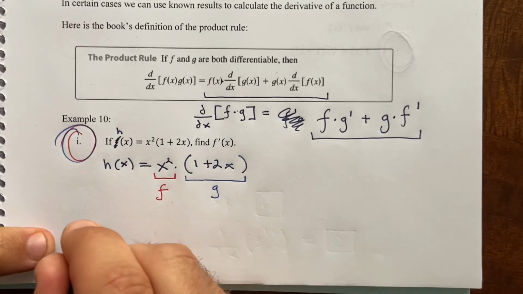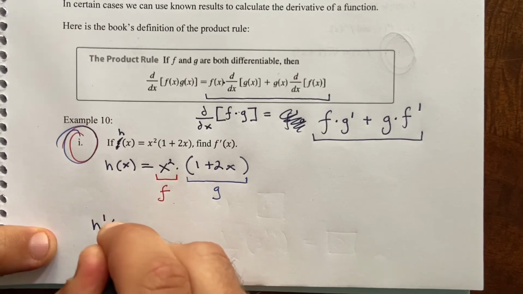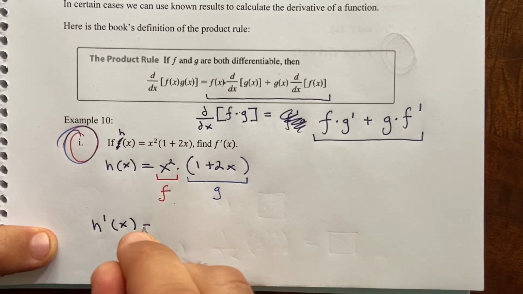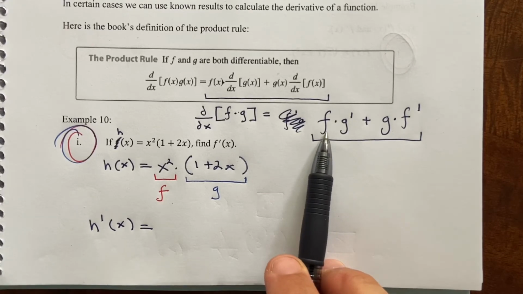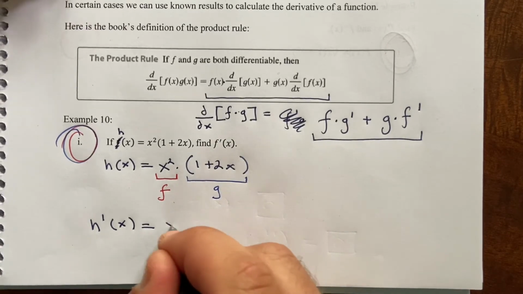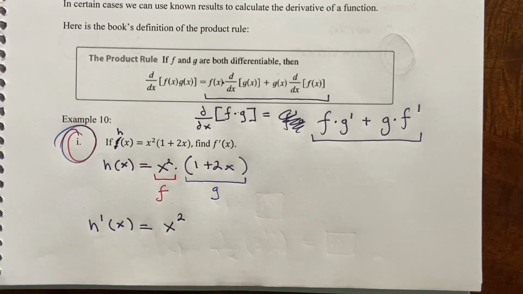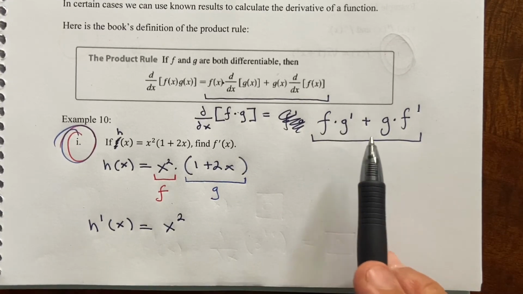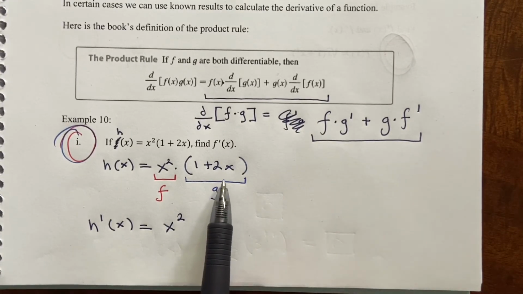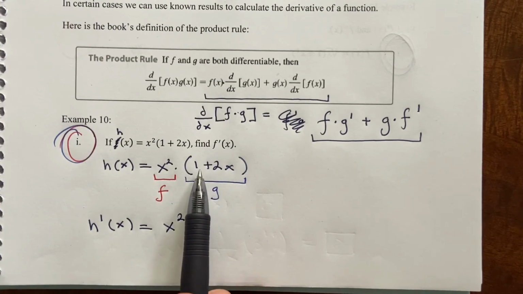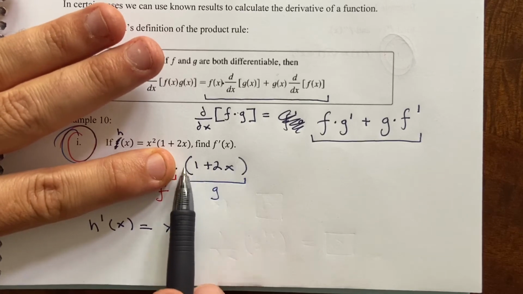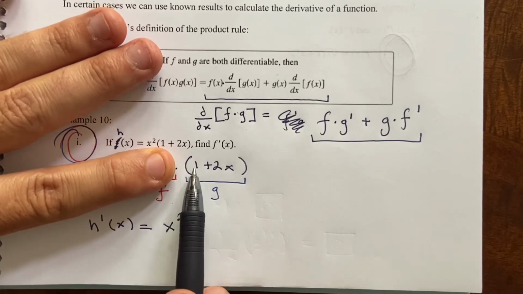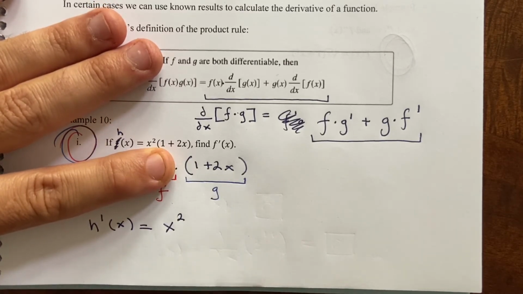So to find h prime, in other words, to differentiate, this says to leave f as it was, so I'll just write x squared, but then we need to multiply by the derivative of g. Here's g, its derivative. So if we just forget about f for a second, just take this derivative now, 0 plus 2.